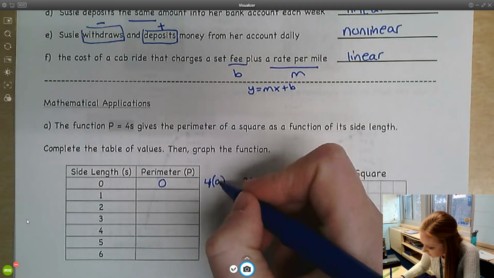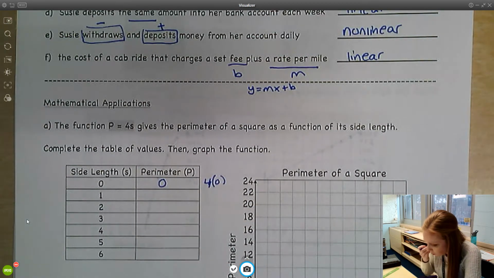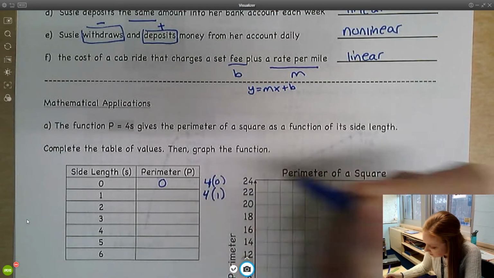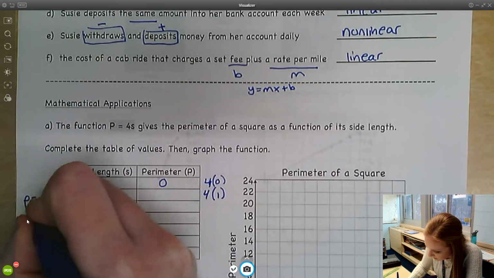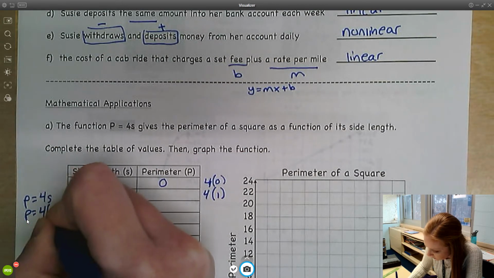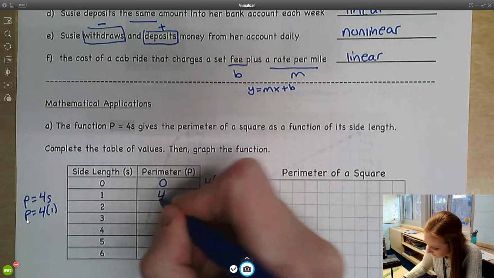Okay, what if the side is 1 unit long? Well, then we would take the 4 sides and multiply by the 1 unit. Again, we have our equation here, P equals 4s. So the perimeter is going to be 4 times s, which is 1, and that will give you 4.